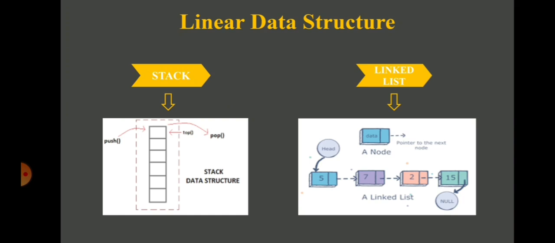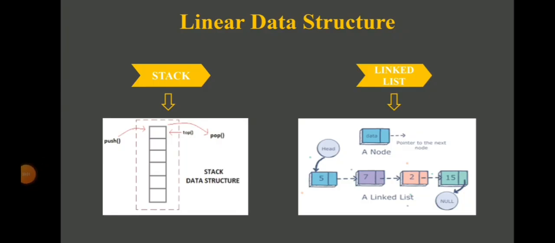Here you can see a single node in which a node consists of two fields, a data field to store the actual information, and the link field. Link field is also referred to as the pointer to the next node. Okay, the link field is used to point to the next node.